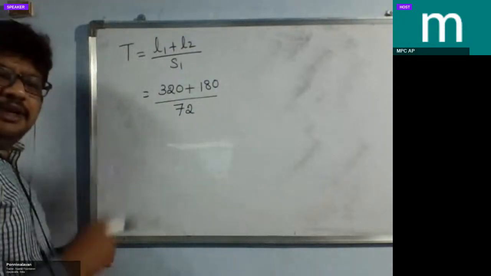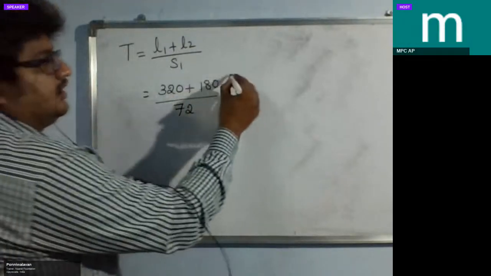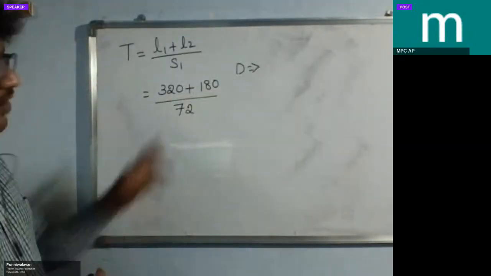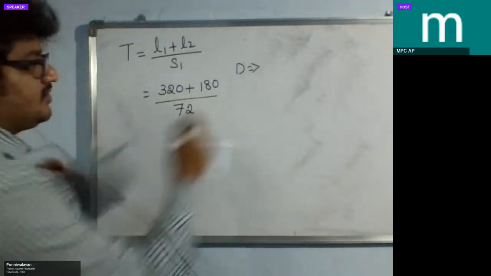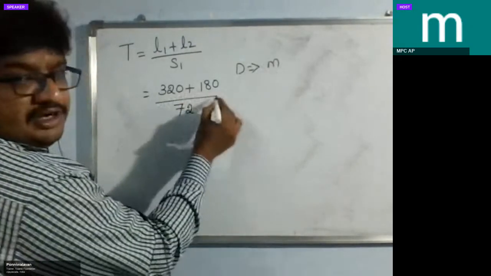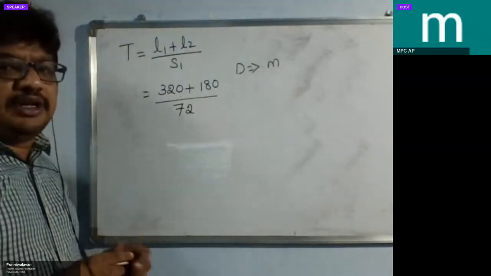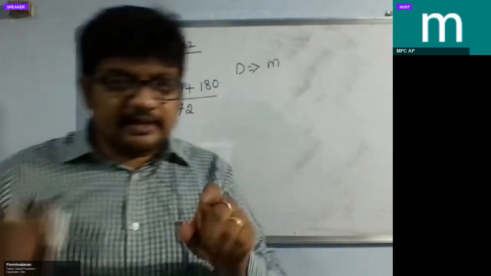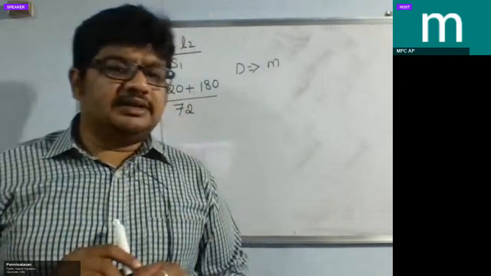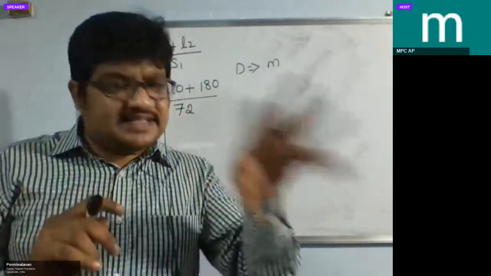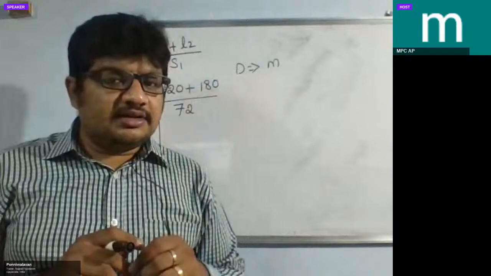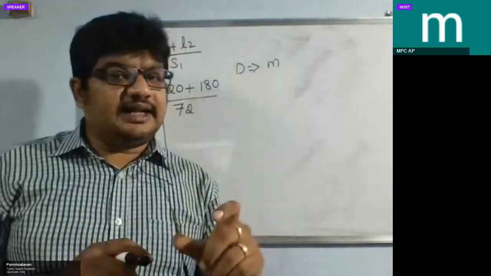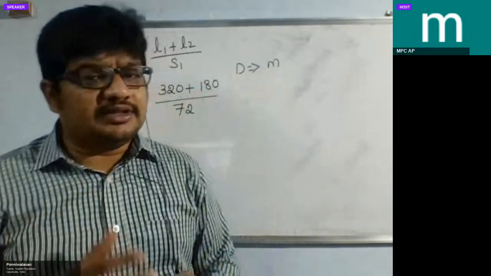Okay, listen. Be clear on one thing. What is the unit of distance here, 320 and 180? Meters. It's not kilometer. To cross a platform, will the train take time in hours or seconds?